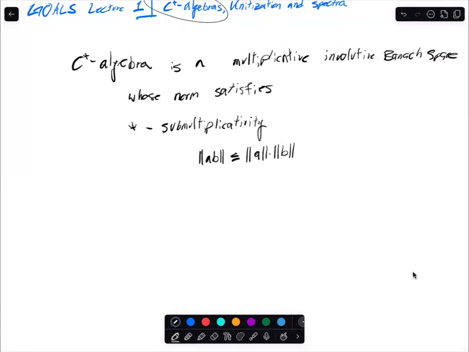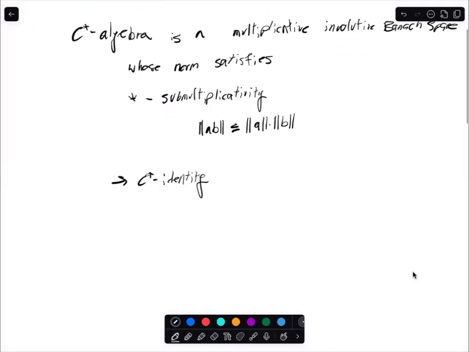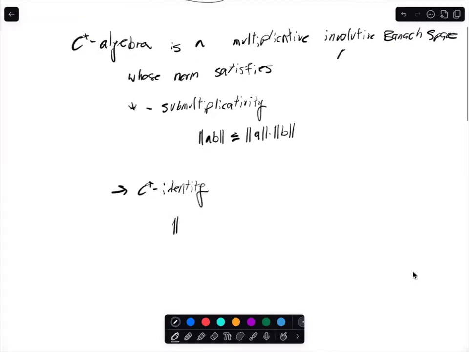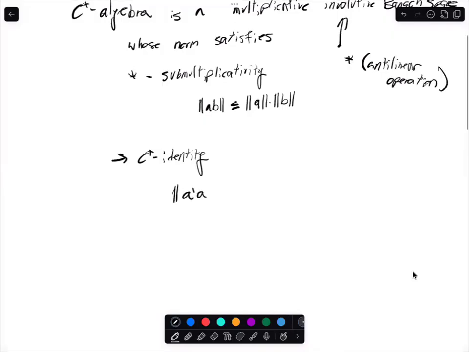And the second condition is the C-star identity, which tells us that if we look at this involution, which is an operation denoted by star, this is an antilinear operator, and you compare the norm of the product of an operator A with its adjoint, this is required to be exactly the same as if you take your operator A and you just square its norm.